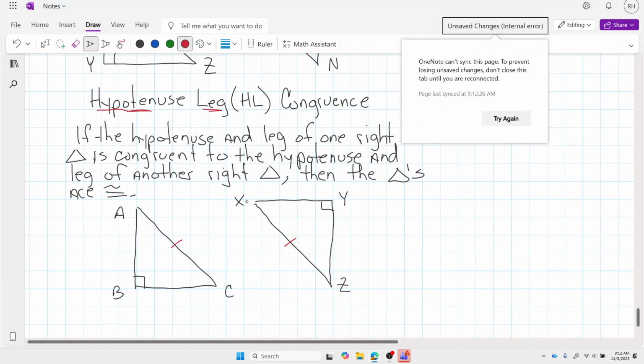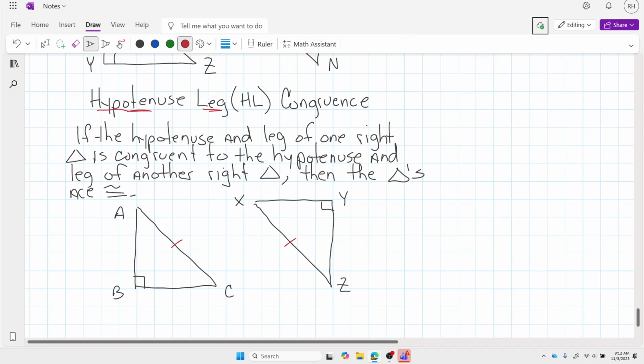AC would have to be congruent to XZ or ZX. What else has to be congruent? A leg. Does it matter which one? No. So let's go BC would have to be congruent to what? XY. Very good. So you'll have some questions today where you have to choose which sides or acute angles would need to be congruent in order to use each of these theorems.